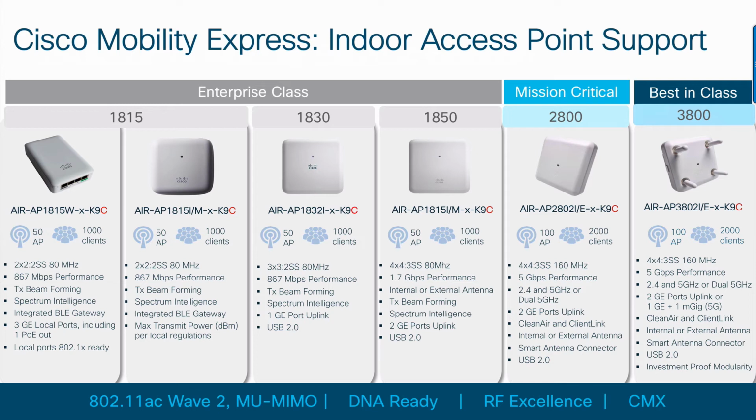The difference between the APs here is just the scale. The 1800 series APs support 50 access points and 1000 clients, and the 2800 and 3800 series APs support 100 APs and 2000 clients. But in terms of feature parity, it is exactly the same across these APs.